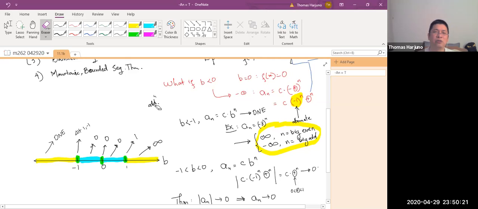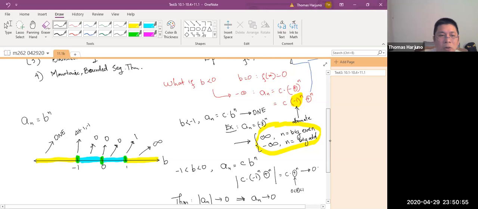Is it a harmonic series? No, harmonic is actually something else. At this time we just say that it's alternating: 1, -1, 1, -1. I'm talking about the sequence b to the n here. So b to the n when b is exactly 1, that's 1. If b is -1, then it will be alternating -1 and 1.